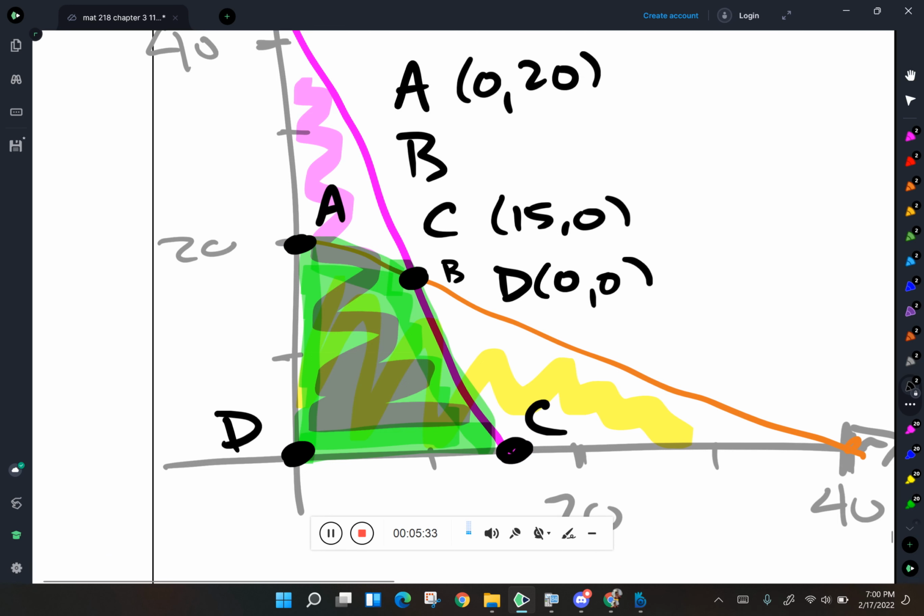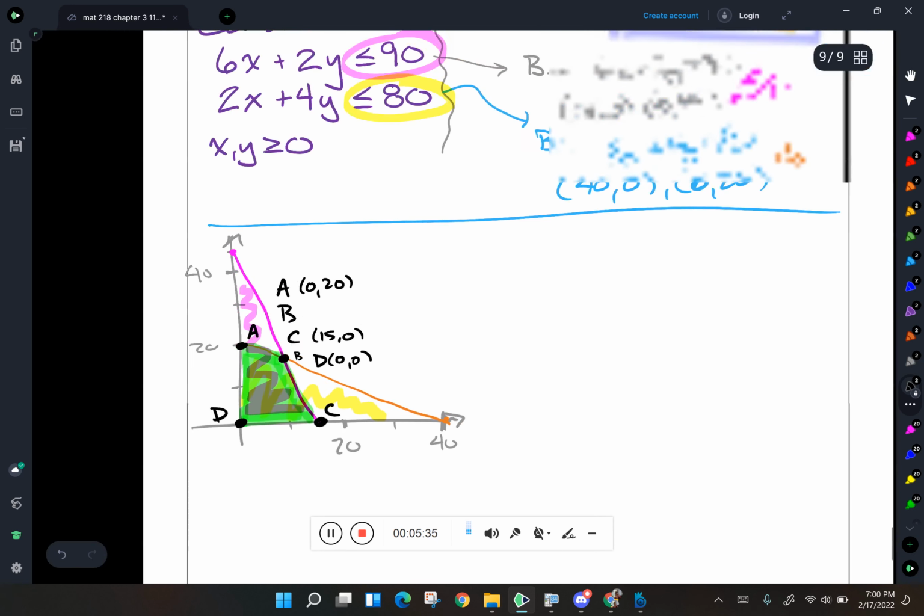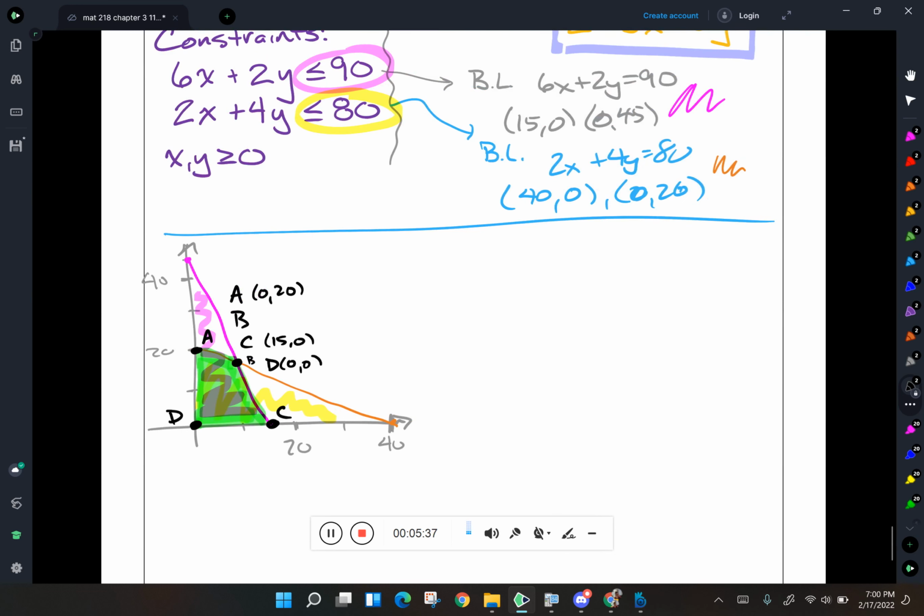How do I find B? B is the intersection of the boundary lines, so it's the solution to the system 6x plus 2y equals 90, and 2x plus 4y equals 80.